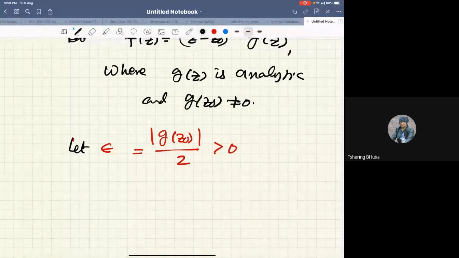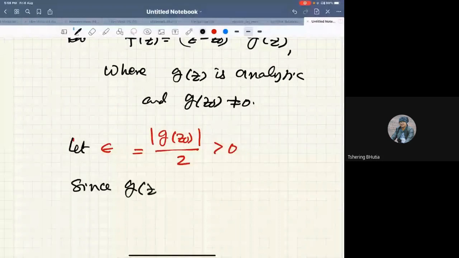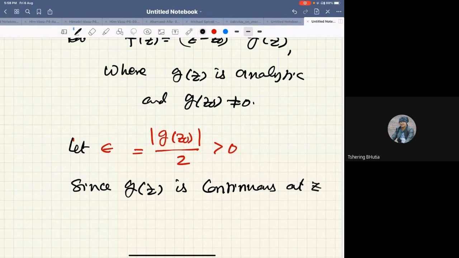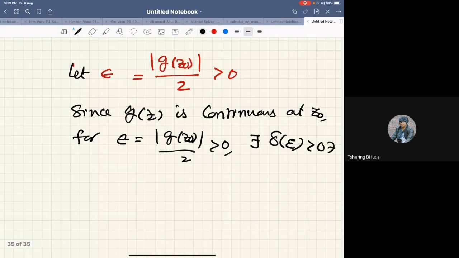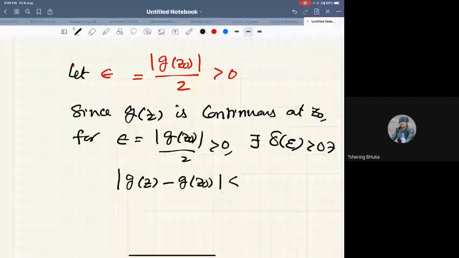Since g of z is continuous at z0, for this epsilon greater than 0 there exists a delta, which depends on epsilon, such that modulus of g of z minus g of z0 is less than epsilon for modulus of z minus z0 less than delta.